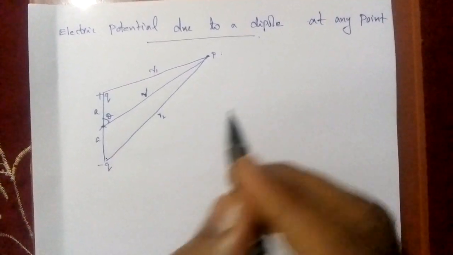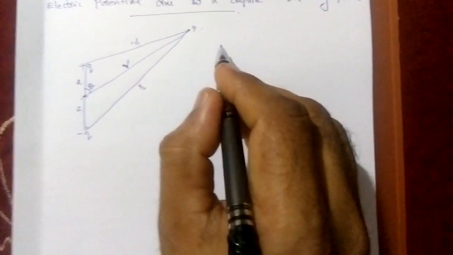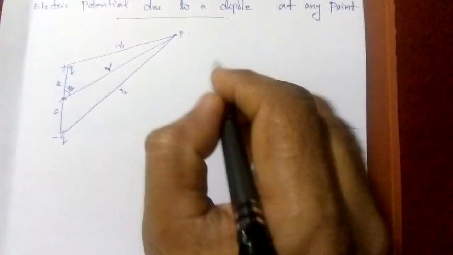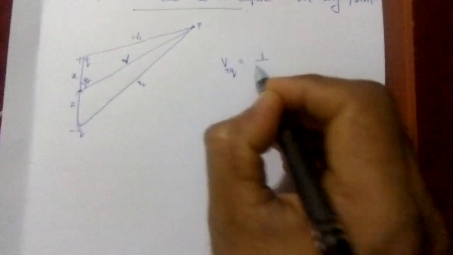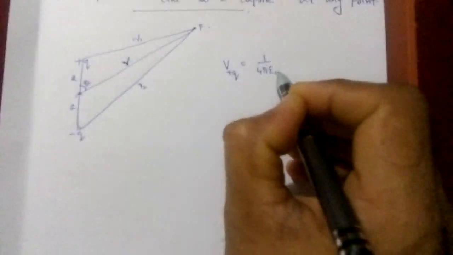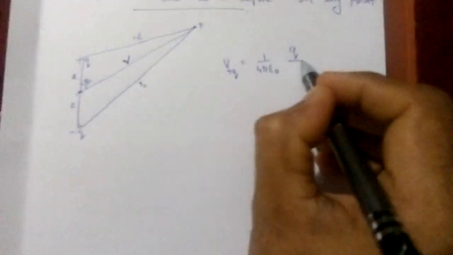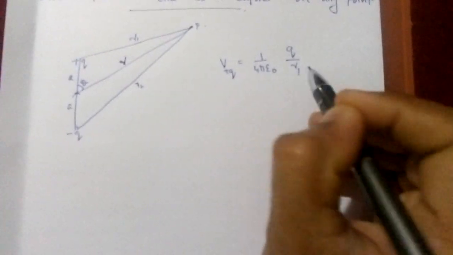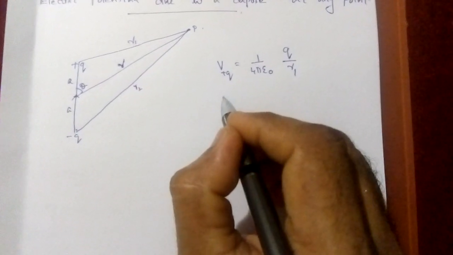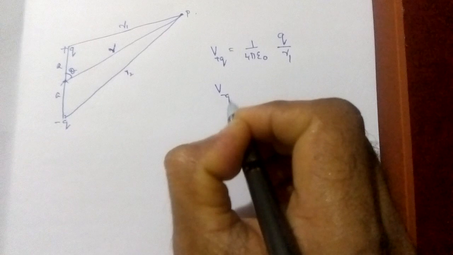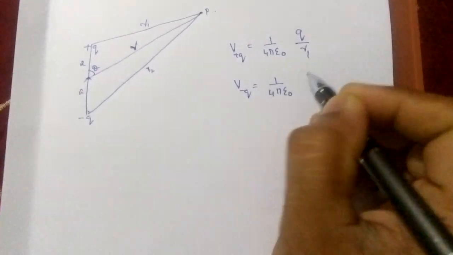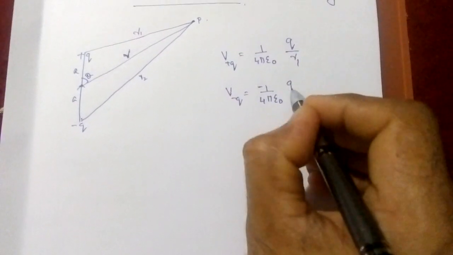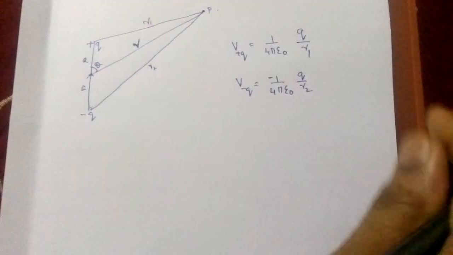Now we know the potential at the point P due to plus Q is 1 by 4 pi epsilon naught into Q divided by R1. And due to minus Q it is equal to 1 by 4 pi epsilon naught into minus Q divided by R2.